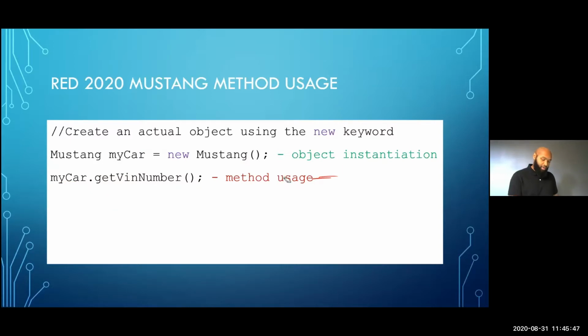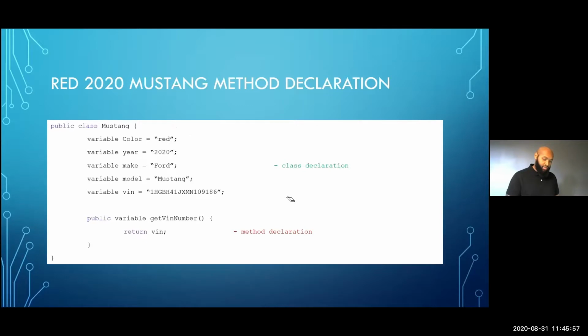So in Java, I created my object right here. Now I'm actually using the method that was in the class. This method back here.